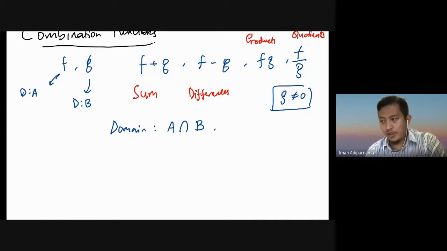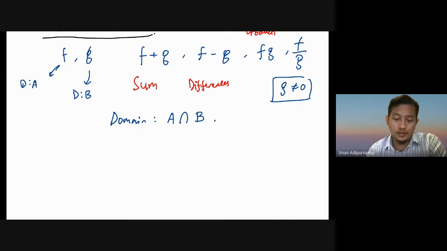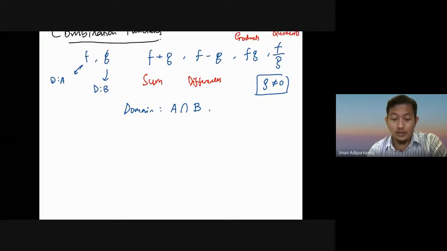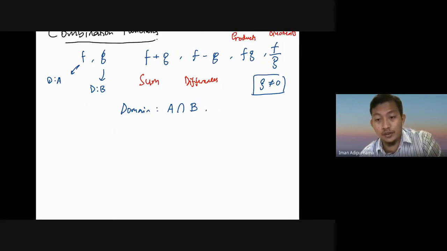The rest will be similar. So whenever you have this, you will probably be asked a question about the domain, so keep in mind that you need to combine both functions' domains.